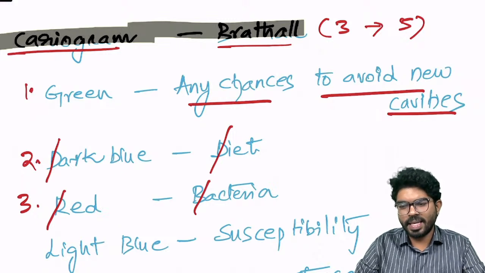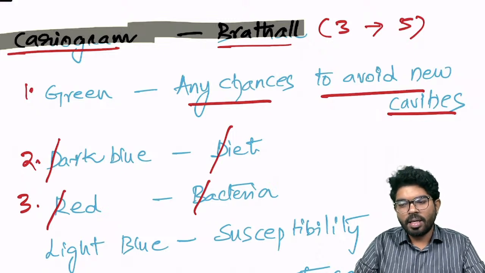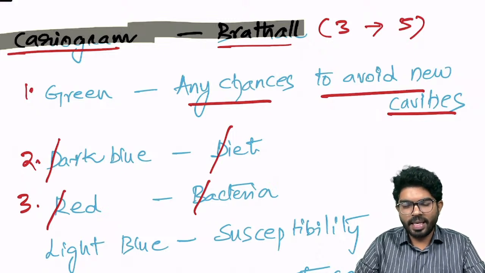Simply you can call it HAS or HAE. H for host, A for agent, and S for substrate. Or you can call it HAE, H for host, A for agent, E for environment.